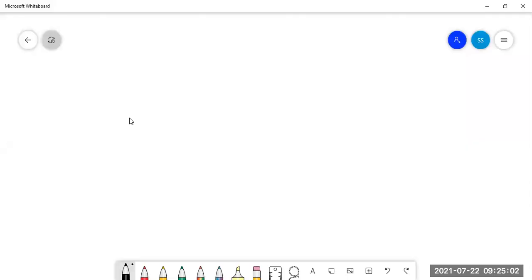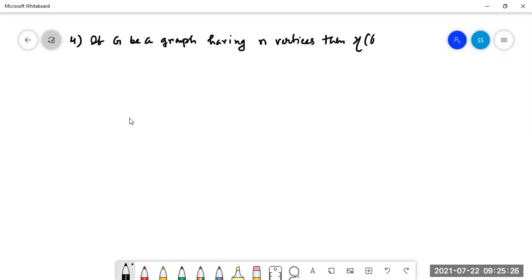Number 4. If G be a graph having n vertices, then chi G is less than or equal to n.